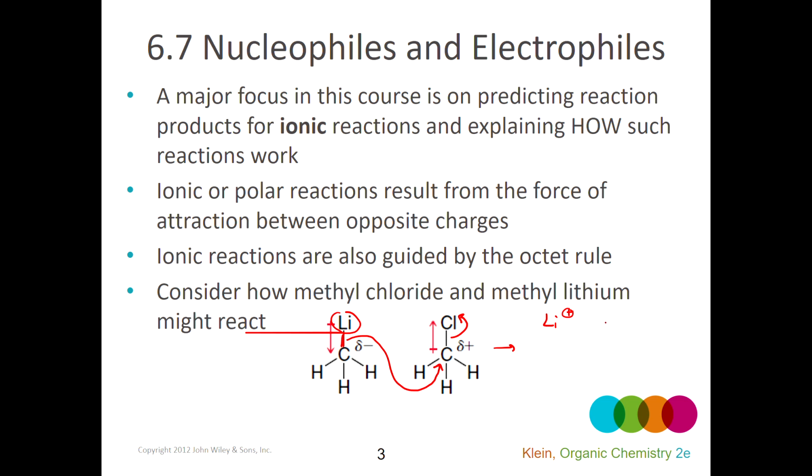The chlorine is perfectly stable with a full octet and a full negative charge. Very little charge imbalance there. Larger atoms are good at stabilizing a negative. And this new bond would form between the carbon and the other carbon. One carbon was the nucleophile, the other carbon was the electrophile.